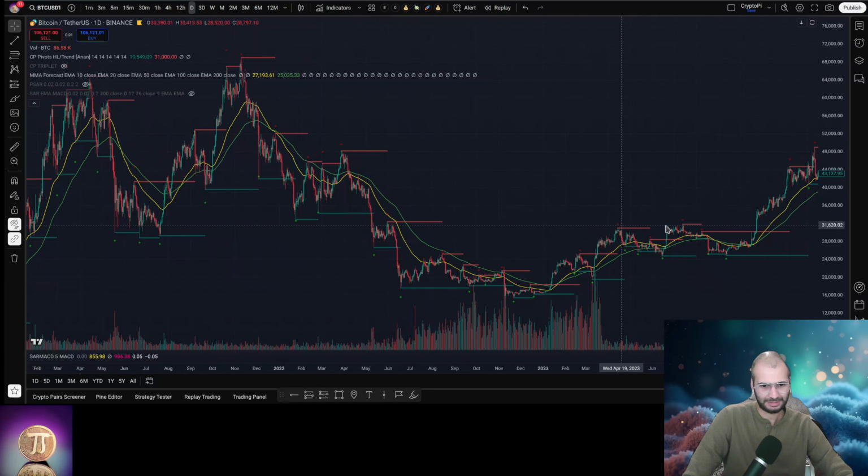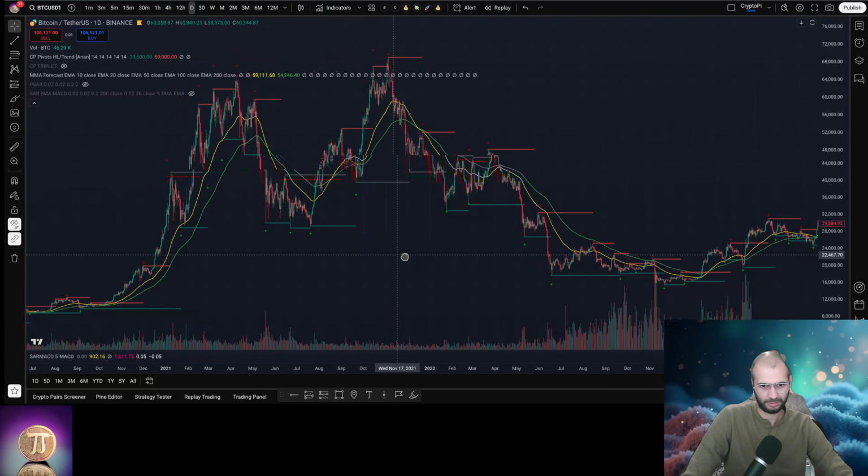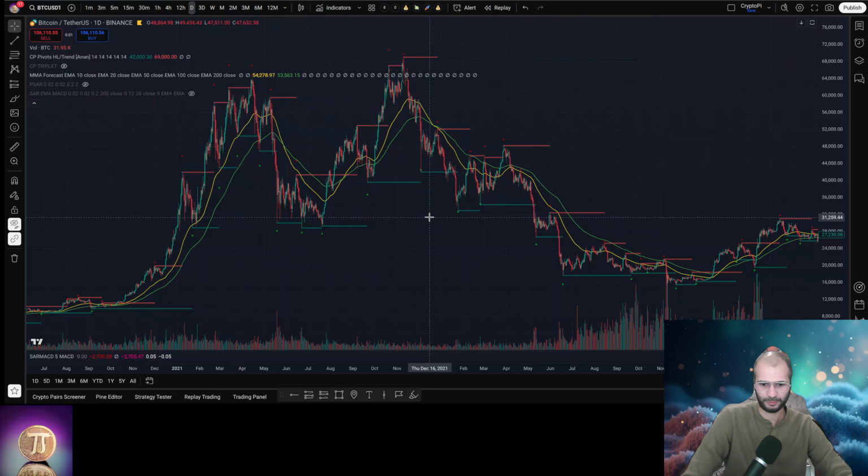But if you go slightly into the past, when the bear market began in 2021, when the fast moving average, which is the yellow line, crossed under the slow moving average, we could already see that it's a pretty strong downtrend.